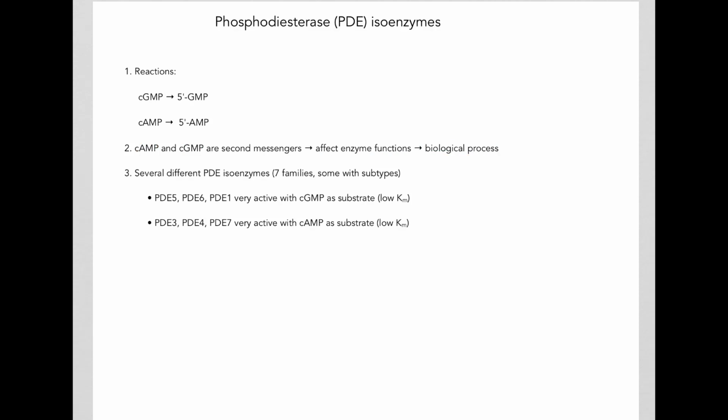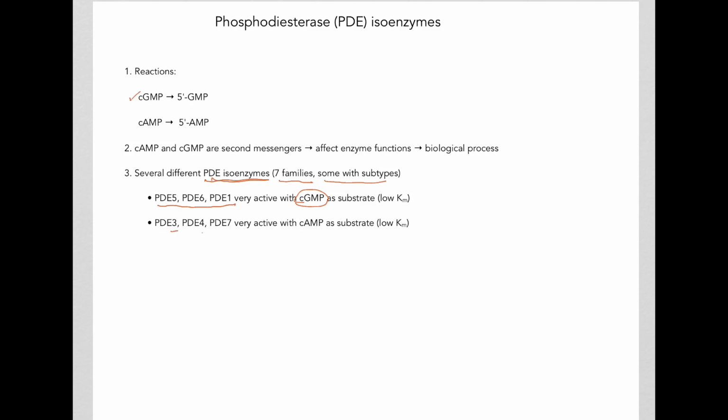There are several types of phosphodiesterase isoenzymes, roughly about 7 families, and some of these families even have subtypes. So some of these isoenzymes, like the 5, 6, and 1, work very well with cGMP. They basically catalyze this reaction very well.